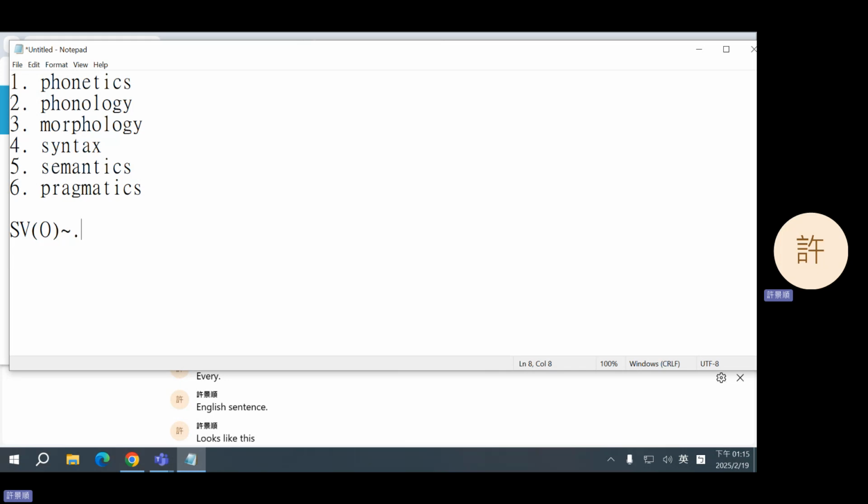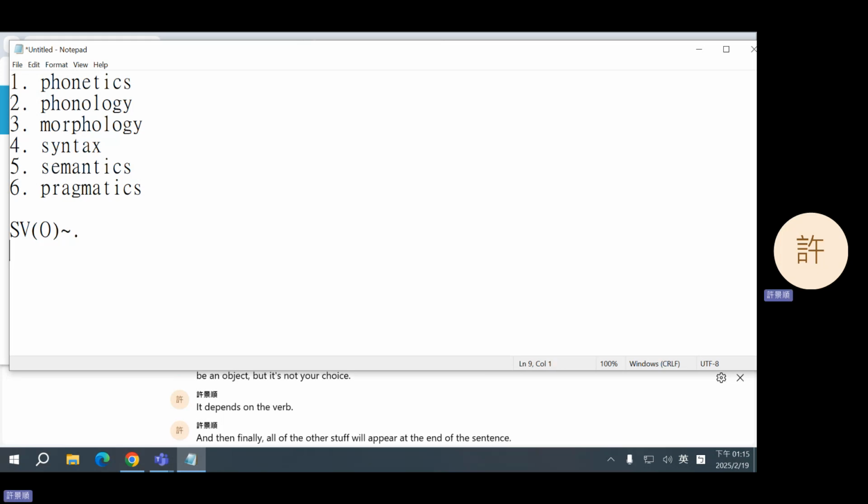There will be one subject. There will be one main verb. Depending on the verb, there may or may not be an object, but it's not your choice. It depends on the verb. And then finally, all of the other stuff will appear at the end of the sentence.